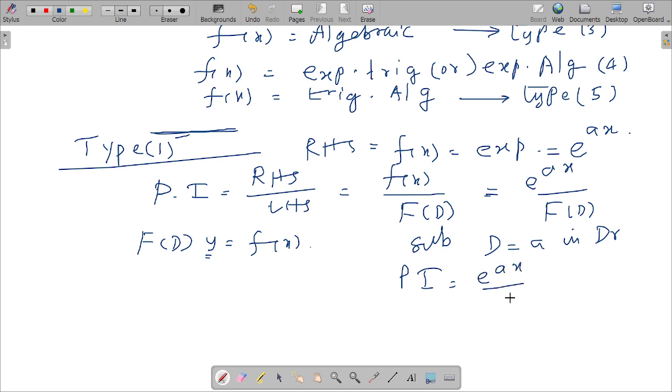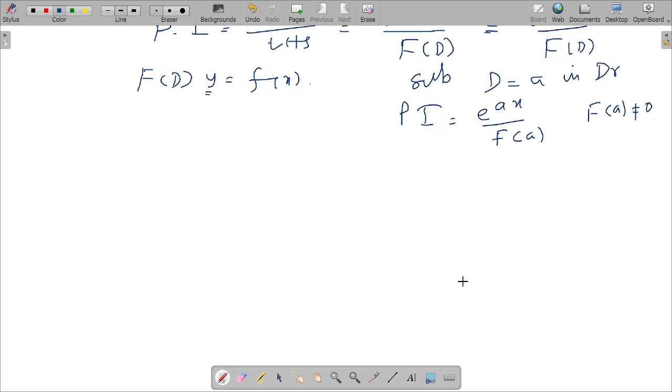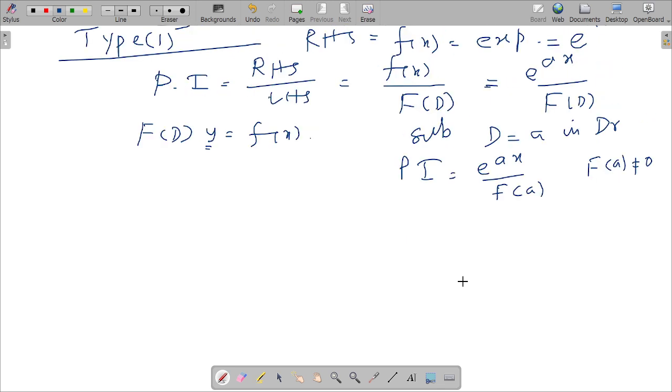by f of a, where f of a should not equal 0. That means the denominator should not equal 0.